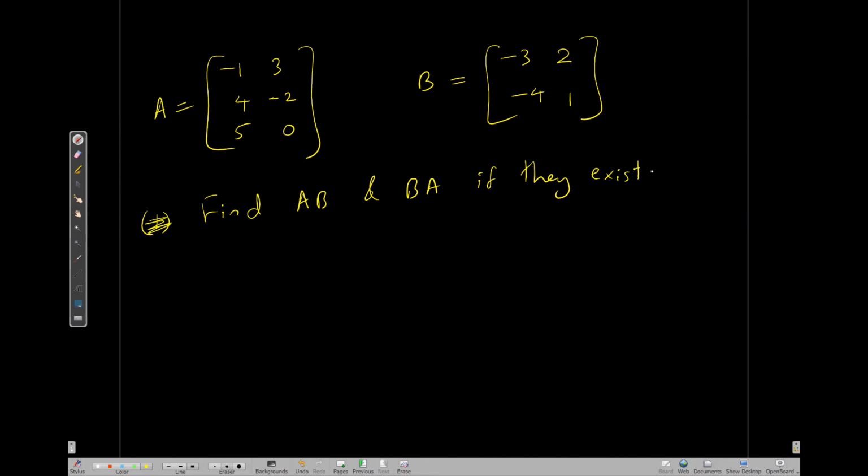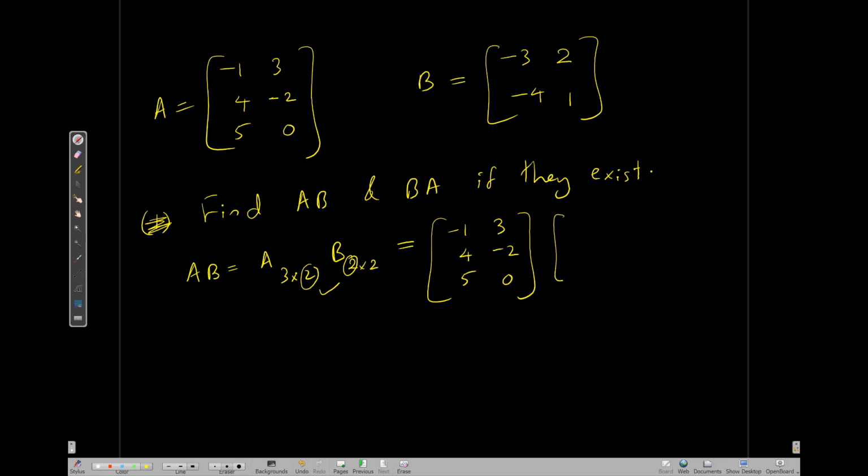Let's start with AB. So AB, what you need to do, okay, A is 3 by 2, B is 2 by 2. So these numbers, yes, they are the same, so yes, it exists. So you can move forward. 5, 0, and 2 by 2, -3, 2, -4, 1.